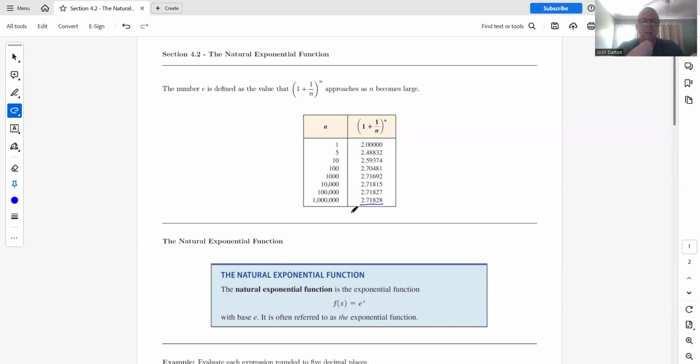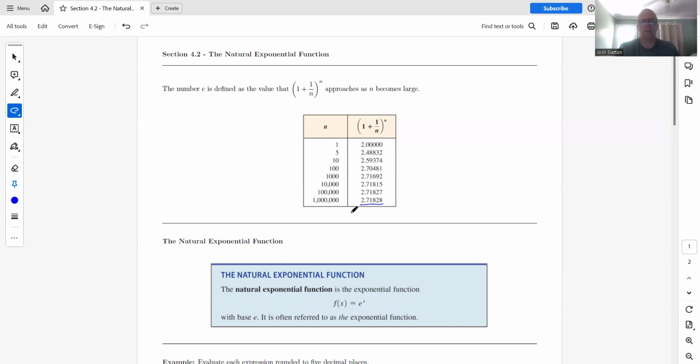So 2.71828. It's not important that you memorize it. It is probably important that you know approximately what it is. So I mean 2.7-ish. If you know that off the top of your head, kind of like pi 3.14, that's probably good enough.